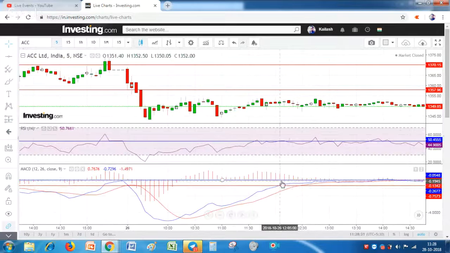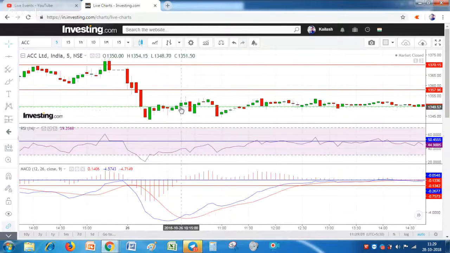This is especially for risk takers, those who have the ability to take risk. There are two types of traders. For safe traders, I have told you that they should have taken an exit at this level, or at this level as well, because there is a bullish crossover by MACD.